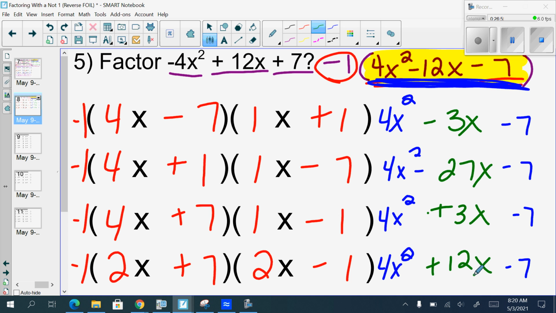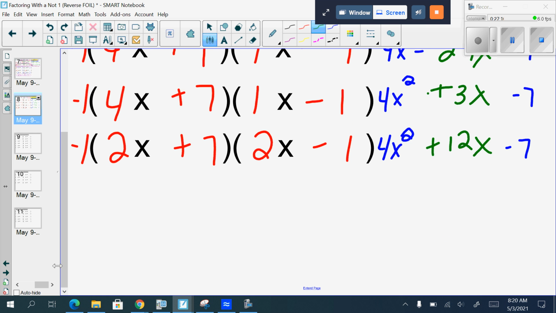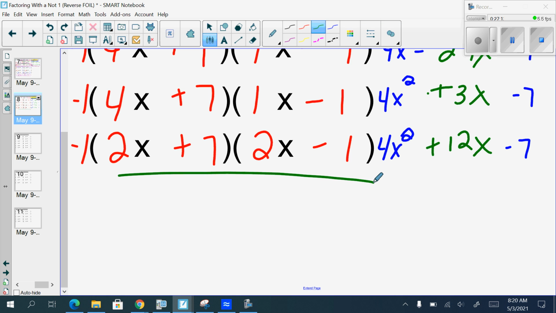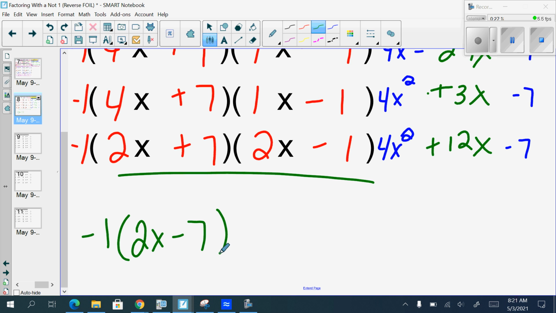Wait a second. Sorry, guys. Remember, don't look at your original expression. Make sure you're looking at what I highlighted. We have to get negative 12, and this gave me positive 12. So this is what I was trying to tell you earlier. If you get that close, it means this is almost the right combination. It just means that it needs to be a negative 7. Like, don't flip the numbers. Just change the signs when you're this close, okay?